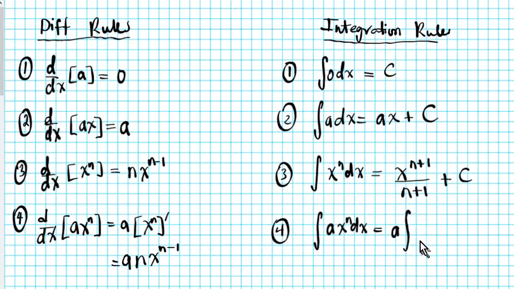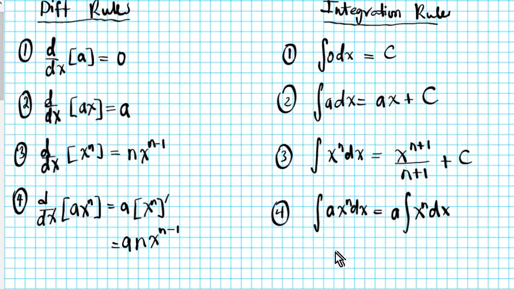So you can factor out the a, and you're integrating x to the n dx. And your final result is going to be ax to the power plus 1 divided by power plus 1 plus c.